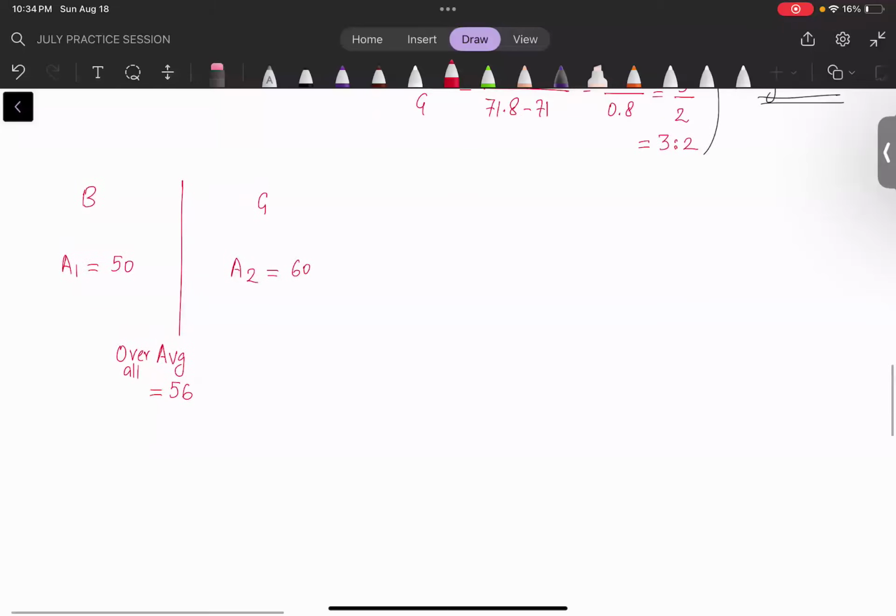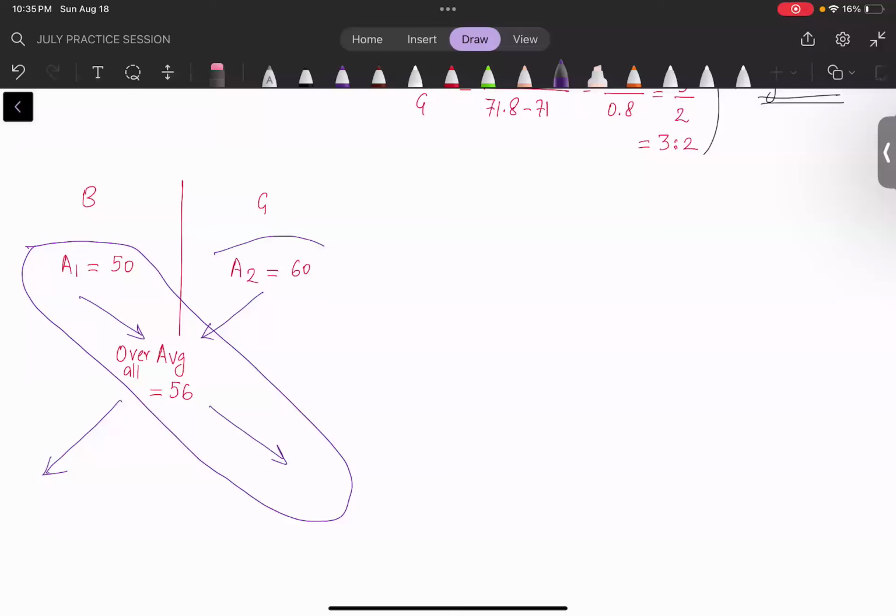So see carefully. Make a shape of X first. And see the arrows. You will have to take the difference of these two. You will have to take the difference of these two. Now don't draw this. I'm drawing just so that you can see. So the difference of 50 and 56, you will write it here.